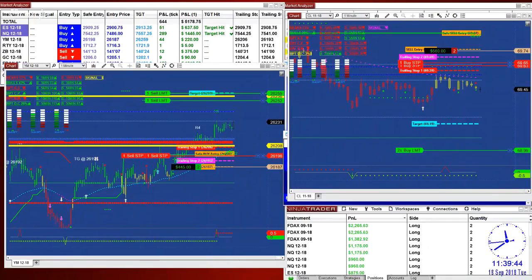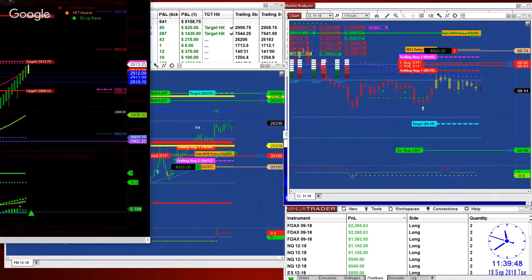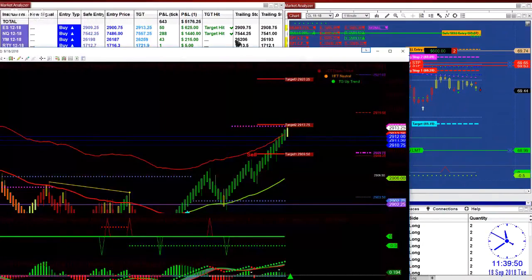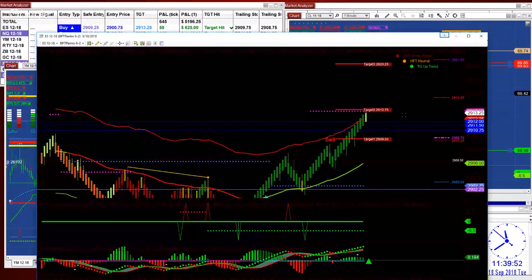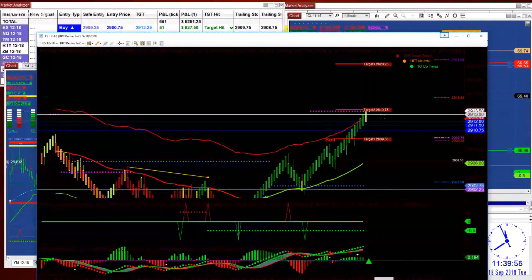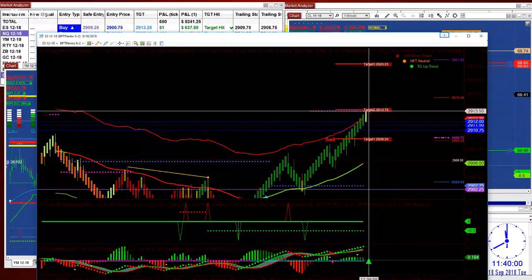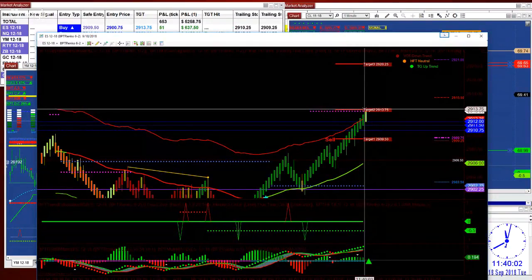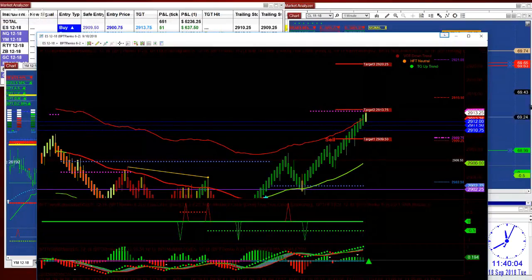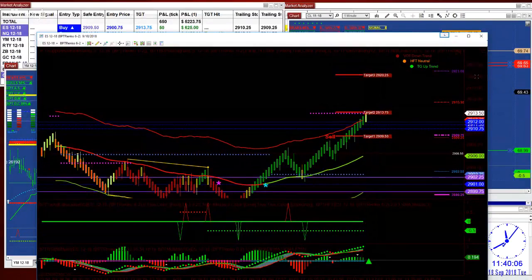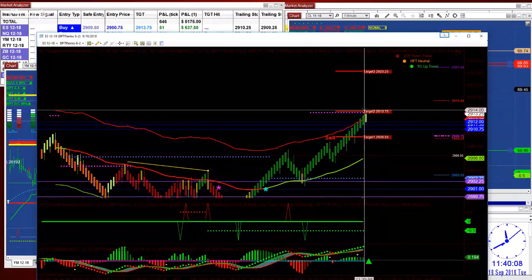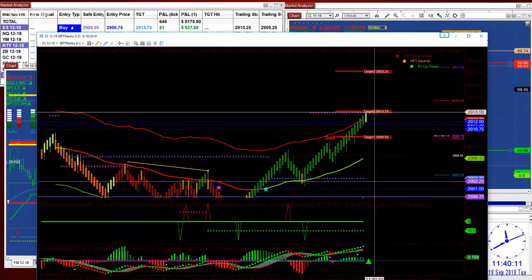So for us, technically, this one is finished, and there is no more long trade on the ES. Even if they try to tease you with one bar or two, it's finished. There is nothing that can be done. It's 11:40.